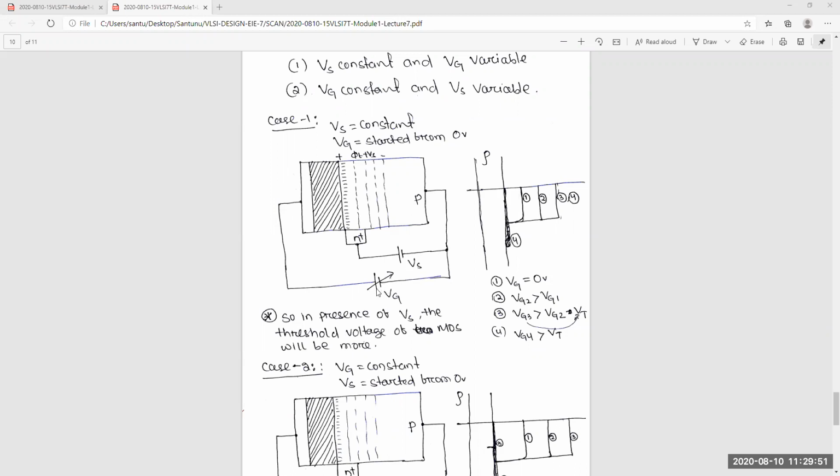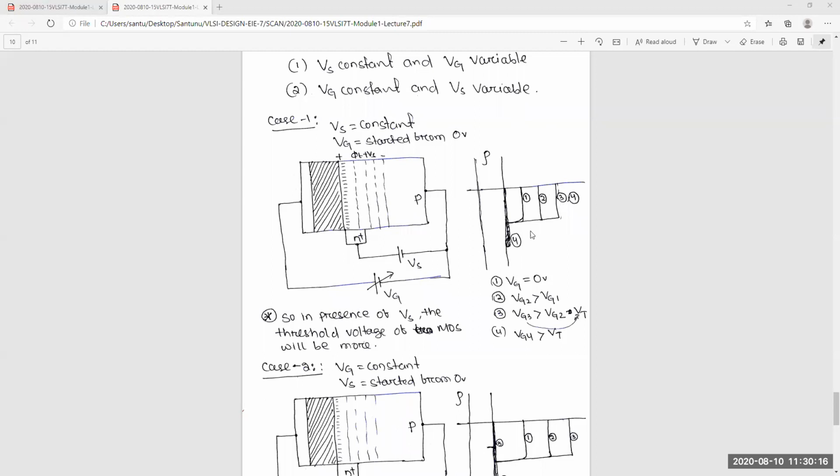Once Vg becomes more, condition 2 will come, because we are giving positive voltage, the depletion will be more and more. Now Vg will be at condition 3, and this is nothing but the threshold condition.